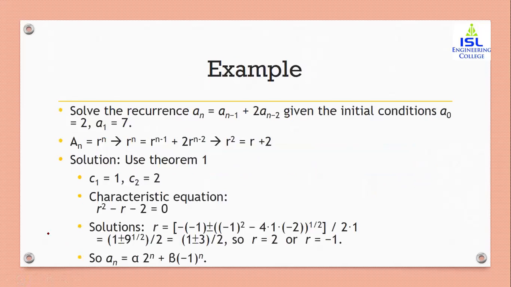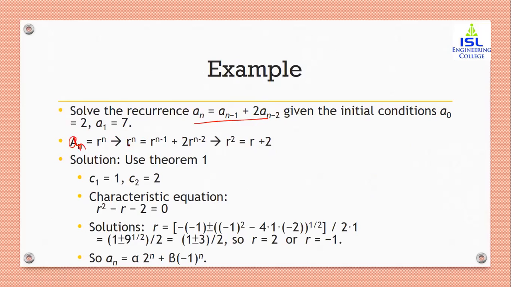Now based on this, here is the example that I've already solved. The recurrence relation is a_n equals a_(n-1) plus 2a_(n-2), with initial conditions a0 equals 2 and a1 equals 7. What we do generally is replace a_n with r^n.